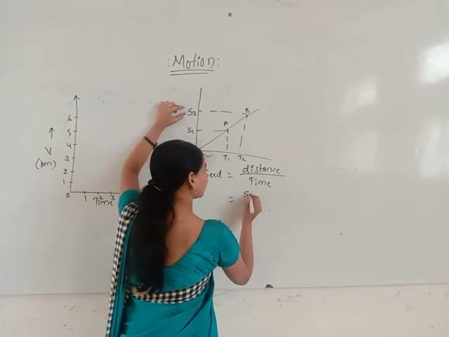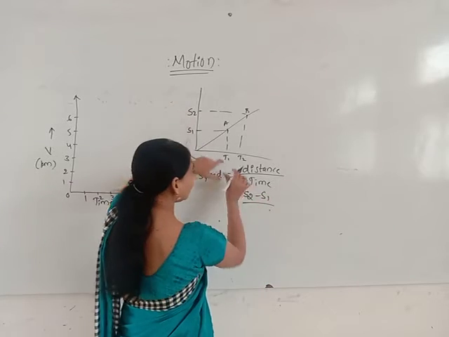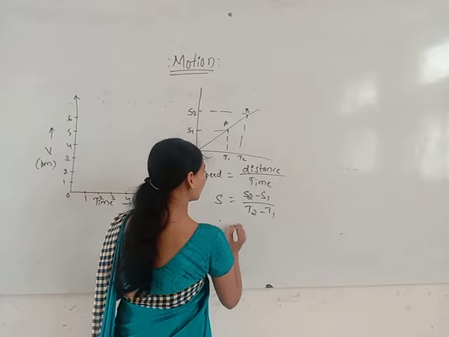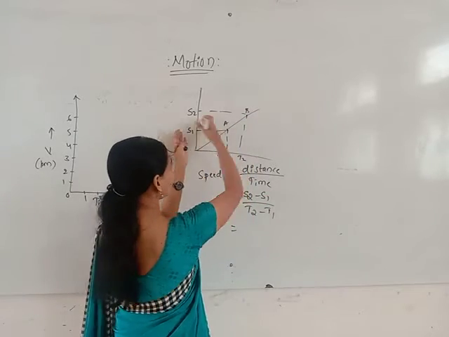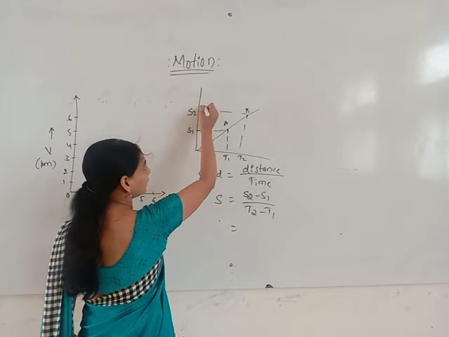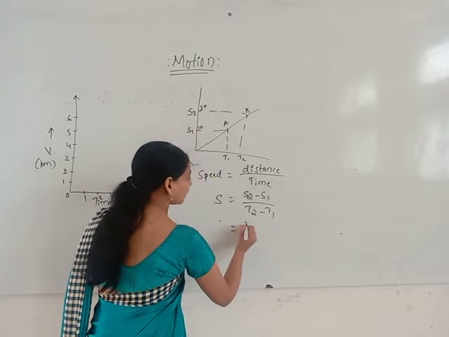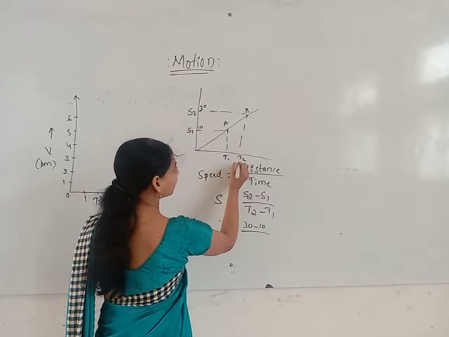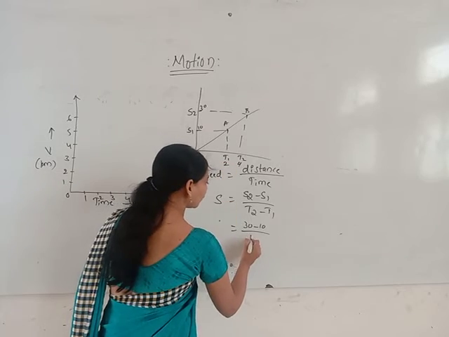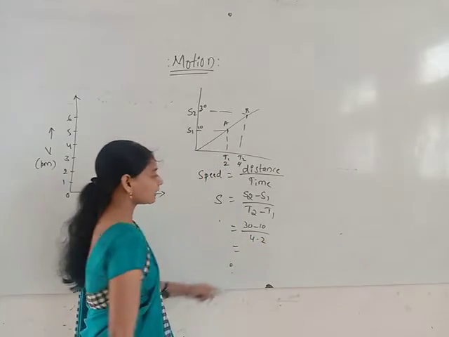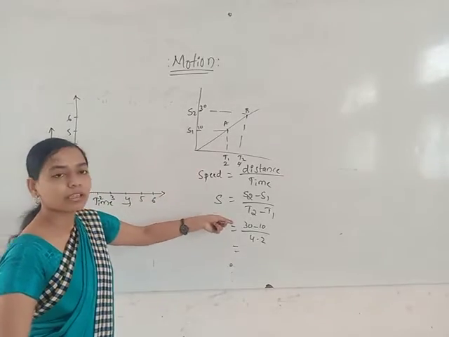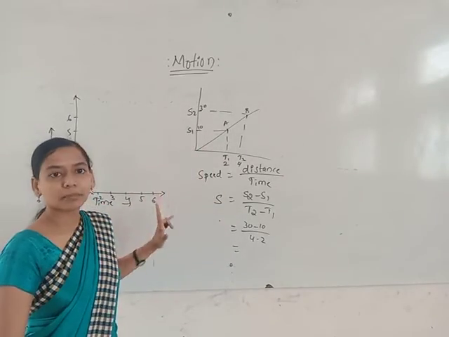S2 minus S1, and here T2 minus T1, which is speed. If S2 is 30 and S1 is 10, 30 minus 10, and if T2 is 4 and T1 is 2, 4 minus 2, and we solved the examples like this.